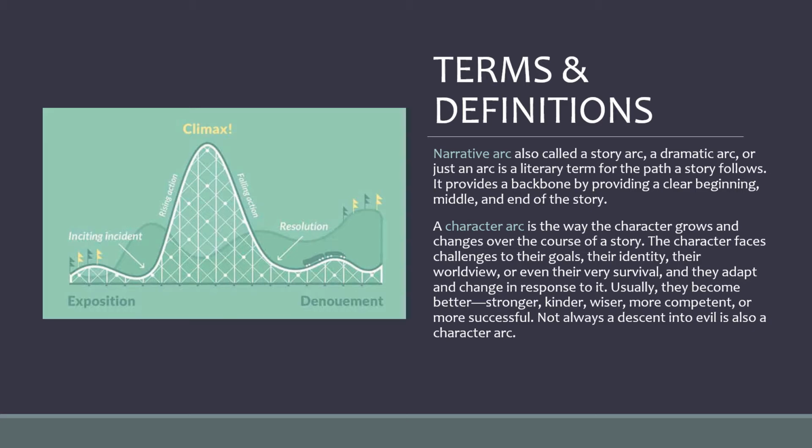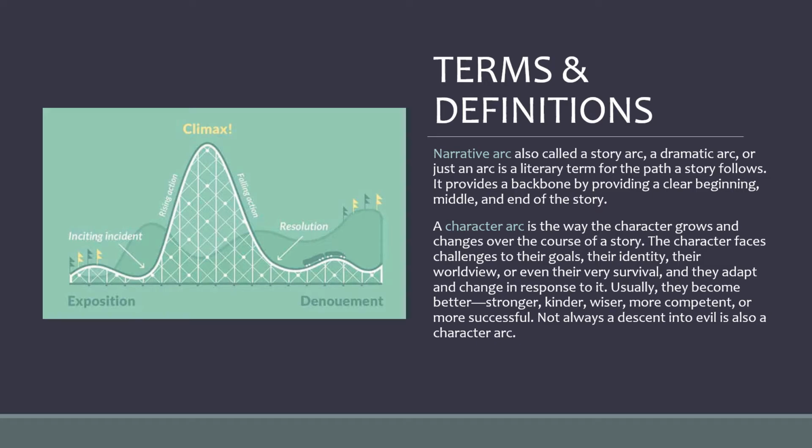So terms and definitions, a narrative arc. So an arc obviously is a line of change or movement, birth, life, death, beginning, middle, and end. If you notice the graph where you can see the visual movement of an arc, regardless of what kind of arc, this movement is going to basically stay the same.